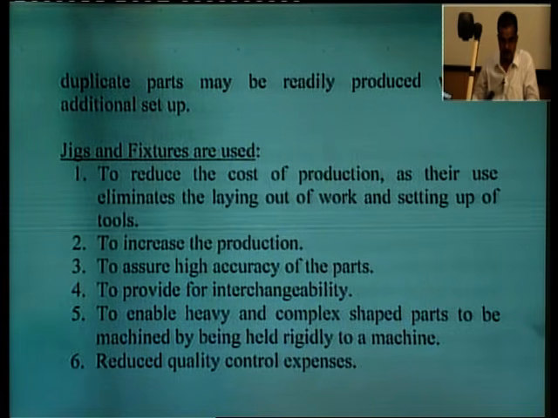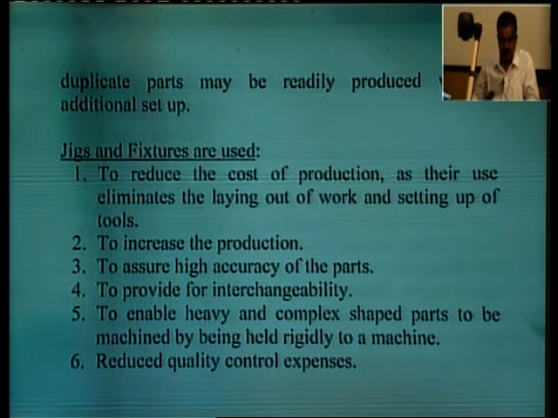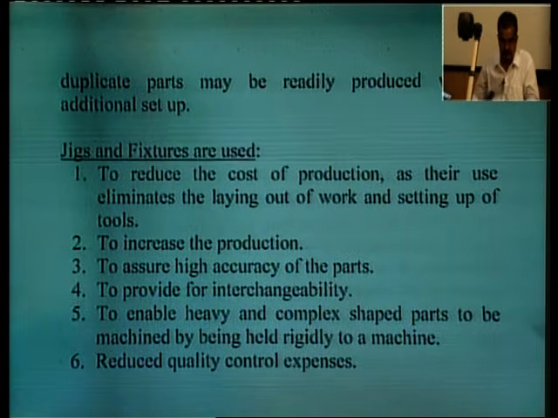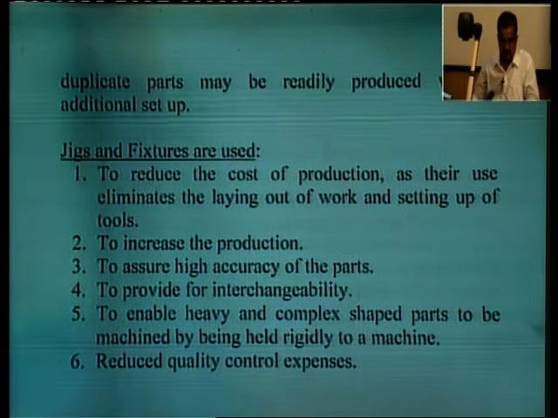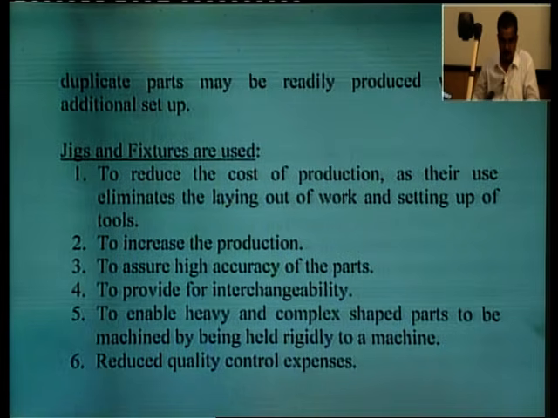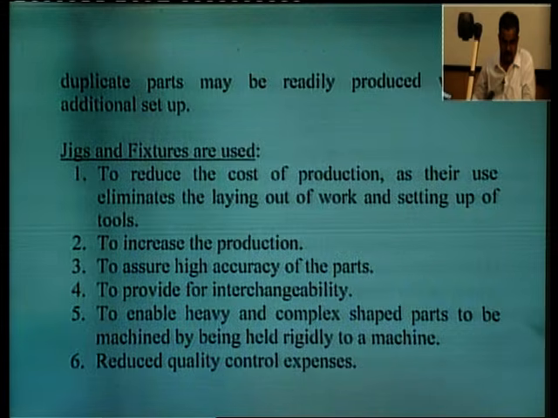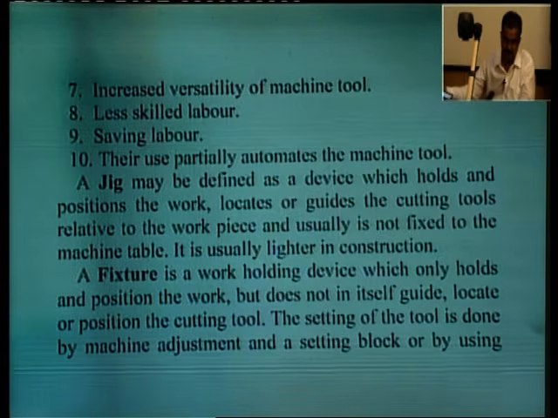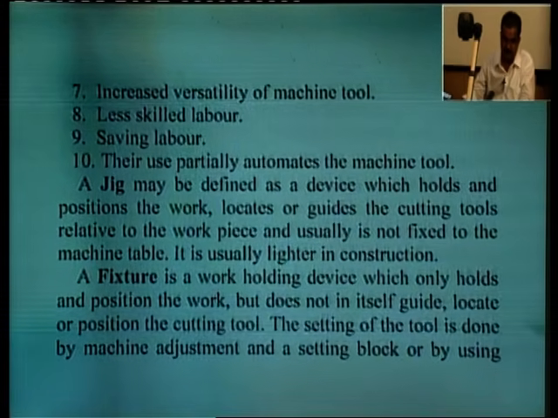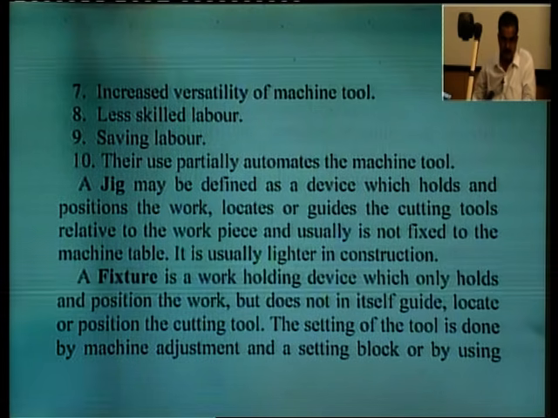To increase the production, thirdly, to assure high accuracy of parts, then to provide for interchangeability, to enable heavy and complex shaped parts to be machined by being held rigidly to a machine, then for reduced quality control expenses, then for increased versatility of the machine.